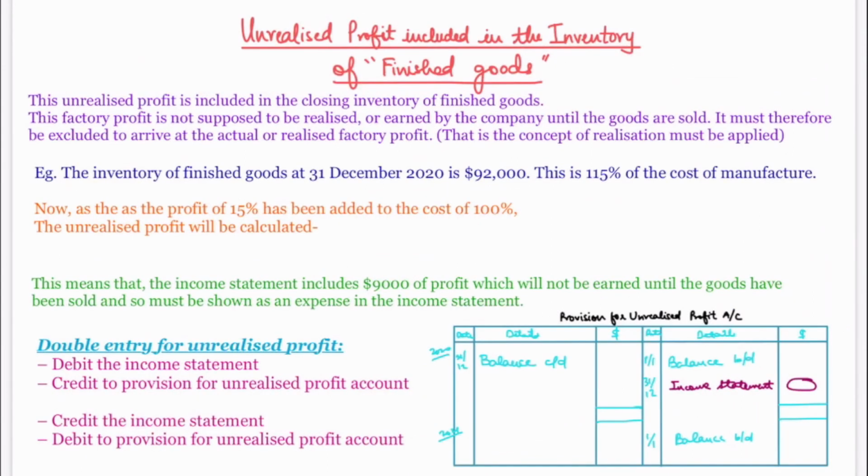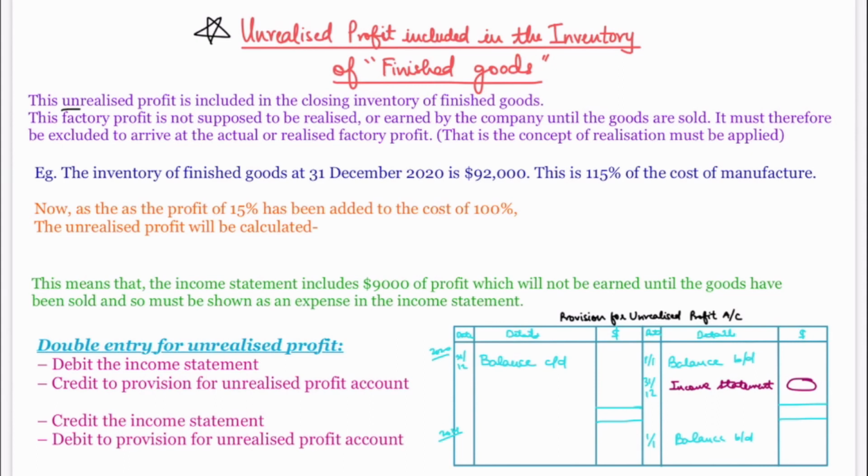Now, the next important part is unrealized profit included in the inventory of finished goods. This may come as an adjustment in the question which needs to be done. Unrealized profit is nothing but the factory profit included in the closing inventory of finished goods. We need to reverse that and remove that profit element.